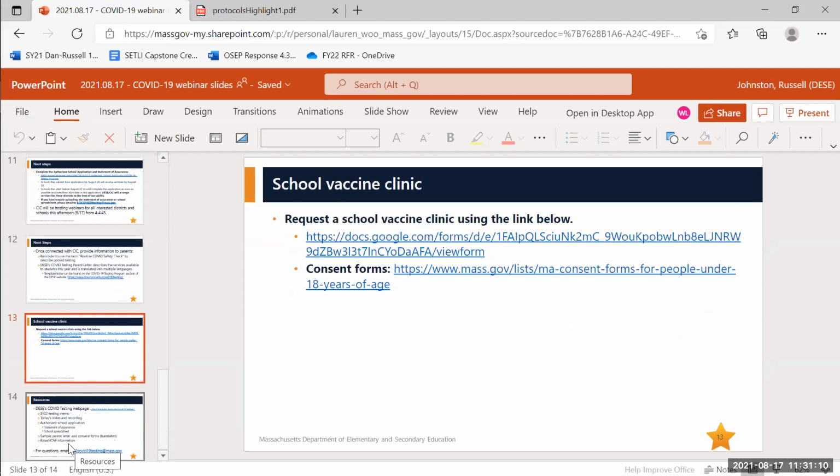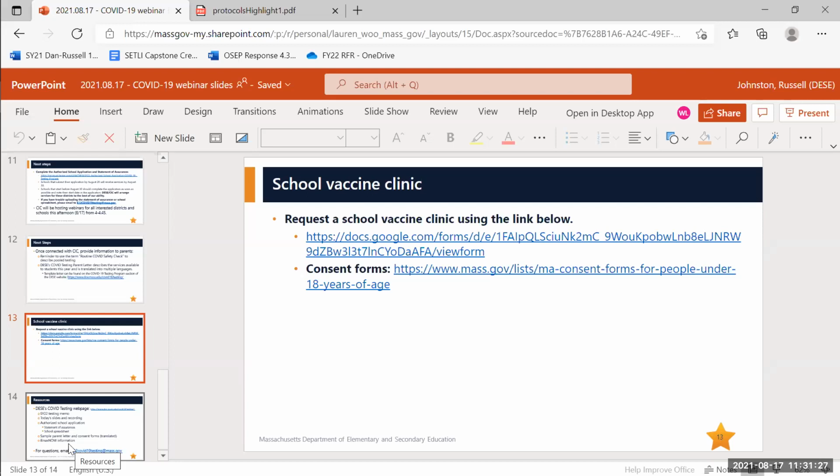Just a quick reminder about the vaccine clinics that we have available. We've got the link for you to be able to request a clinic. I showed that earlier to you in the protocols document. Here it is again. Really excited about the uptake and interest in setting up vaccine clinics. Keep it going.